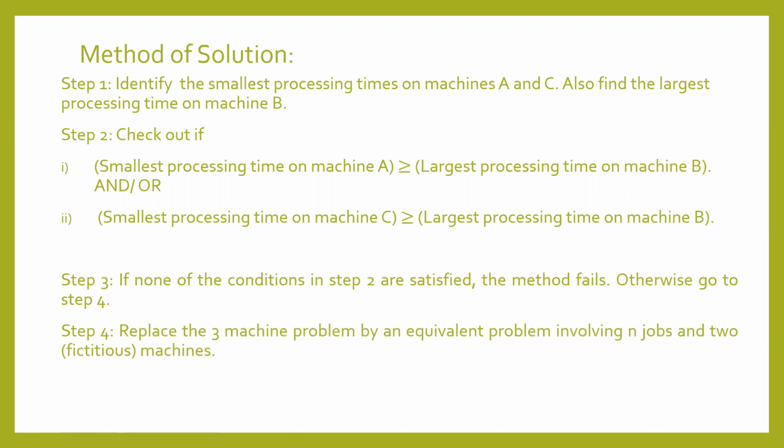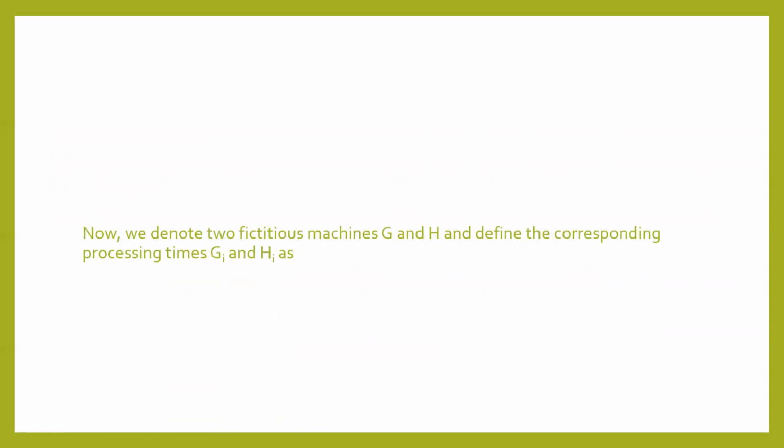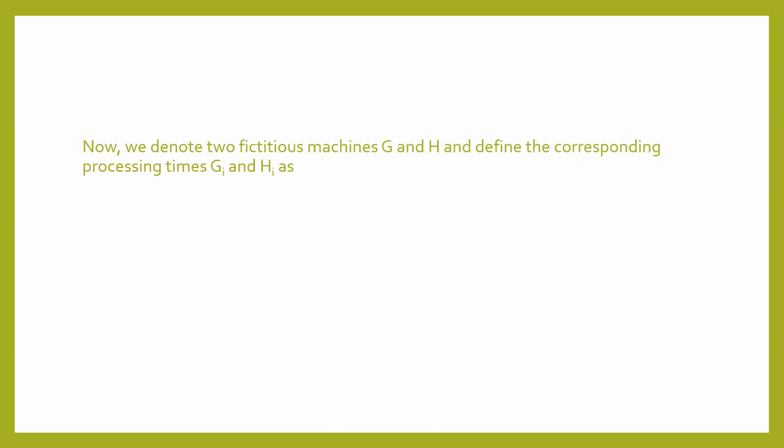Otherwise, you have to go to step number 4. And what is step number 4? Now, we have to convert this problem of 3 machines into a 2-machine problem. Replace the 3-machine problem by an equivalent problem involving n jobs and 2 machines. So we have to include 2 fictitious machines, let us say G and H. If I have machines G and H, the processing times of Gi and Hi will be calculated like this.